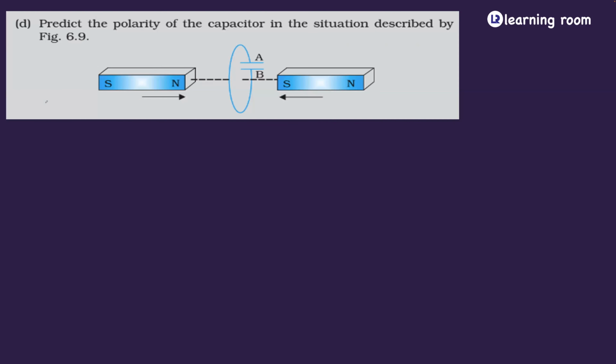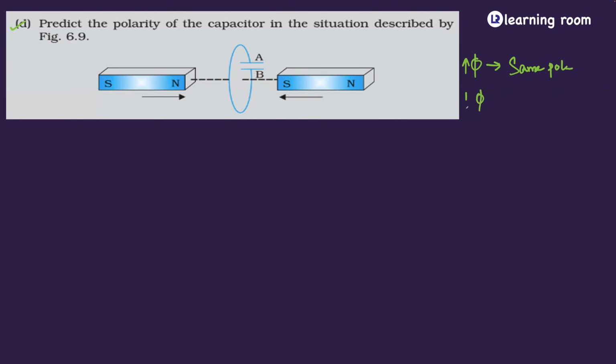The last question in this is, predict the polarity of the capacitor in the situation described in figure 6.9. If you observe, we know one thing: if the flux is going to increase, what will get generated? Same pole.